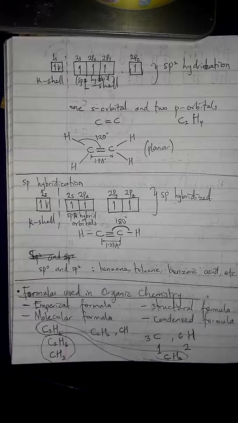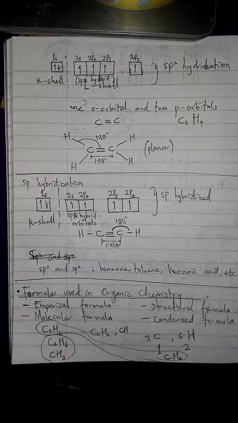So the molecular formula, that's the next thing. We're going to begin discussing structural formula from the next class. So what do you mean by molecular formula? Molecular formula shows the actual ratio of combination of the elements.